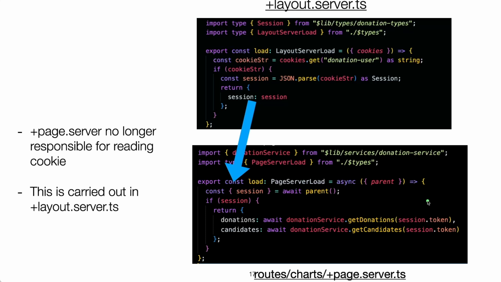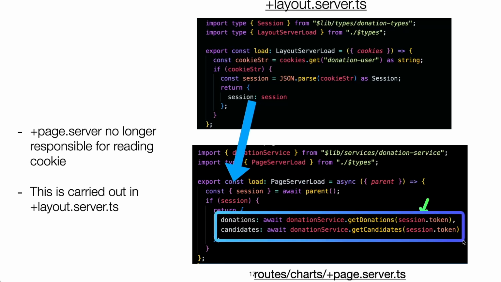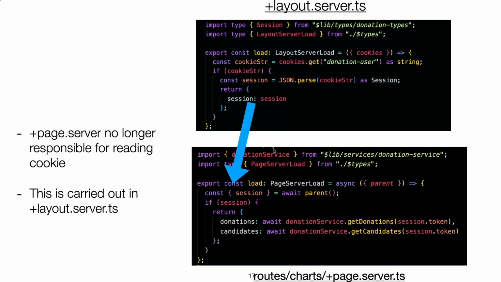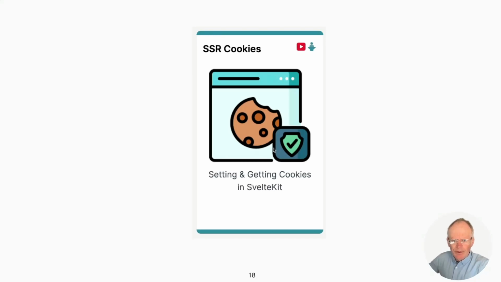Particularly, we're using it in this instance to access the session token so we can make these API calls and get back our donation data. So was that worth all the extra work?